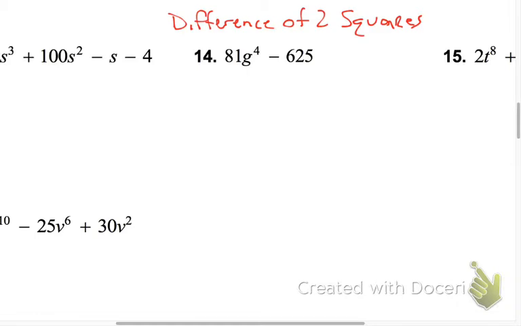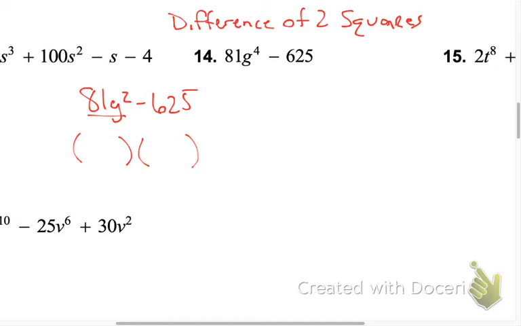But instead of it being, like if I gave you 81g to the second minus 625, would you be able to do that? Other than trying to figure out what the square root of 625 is, what would you do if it was 81g to the second? What would be your first term if I split this up here and here, in each parenthesis?